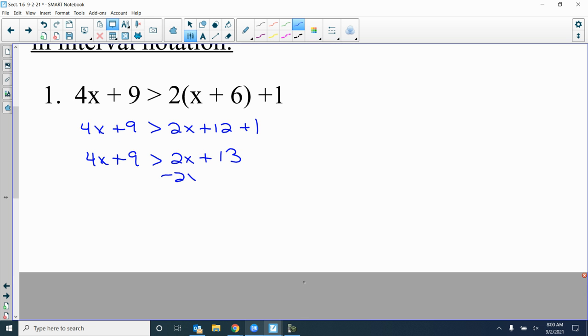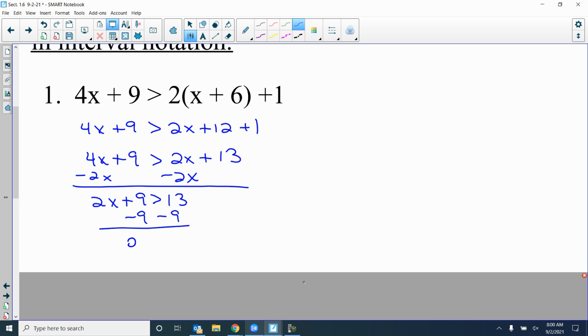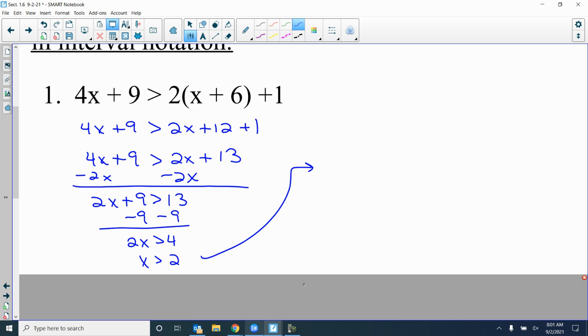I'm going to subtract 2x, and then I get 2x plus 9 greater than 13. Subtract 9. 2x is greater than 4, x is greater than 2. Interval notation, that's going to be x exists in the interval from 2 to infinity.